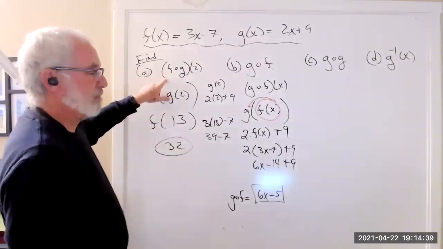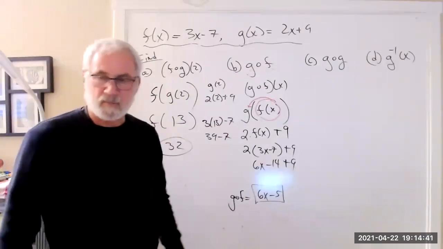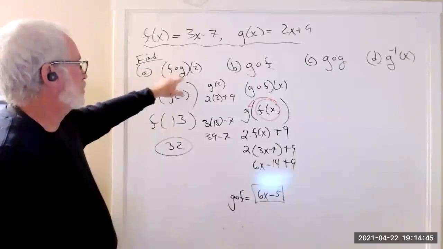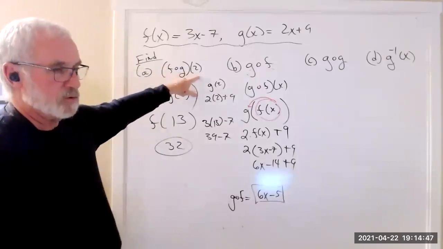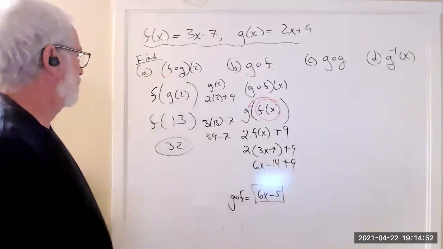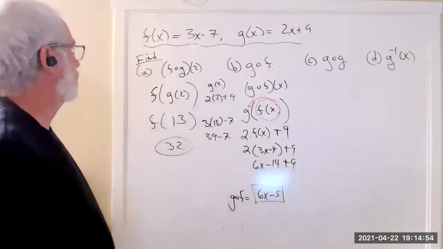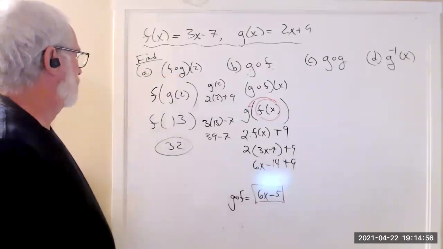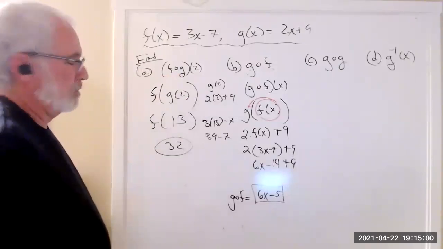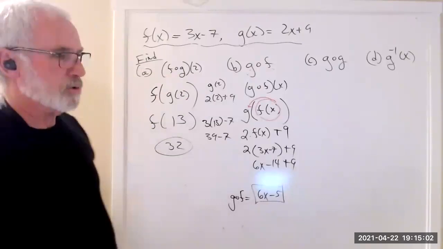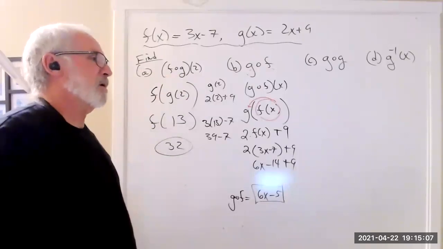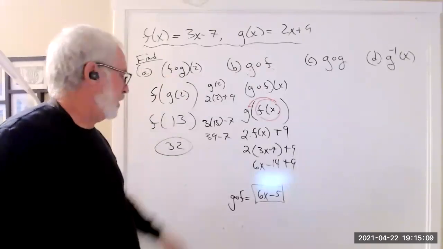Questions on part A? F composed with G, or F circle G of 2. I got 30, I messed up, I think. For the answer, you write F of G of 2 equals 32, or just circle the 32. 32 is good. It's more a way of getting you to do a little arithmetic.